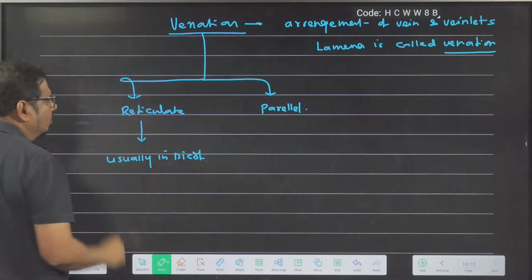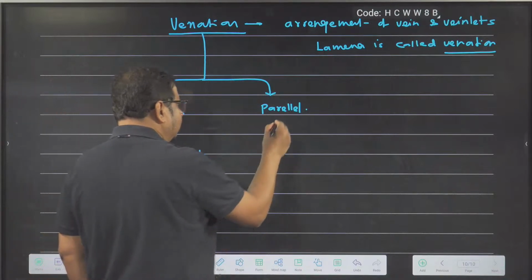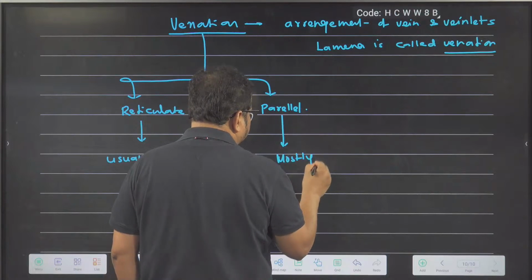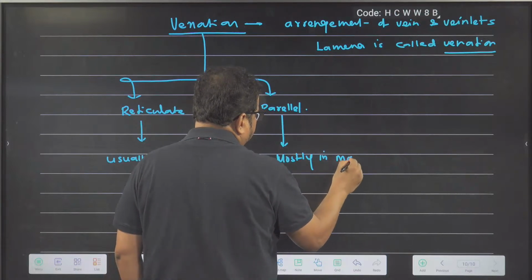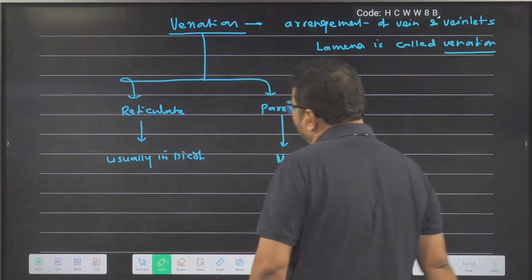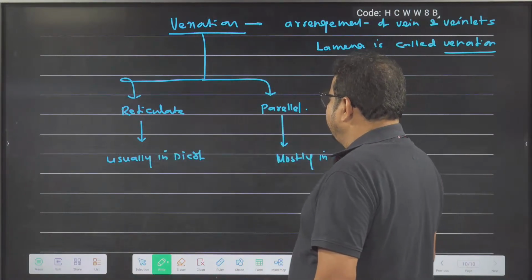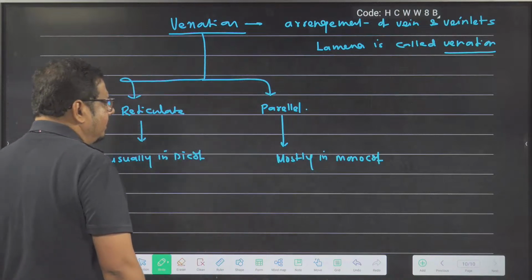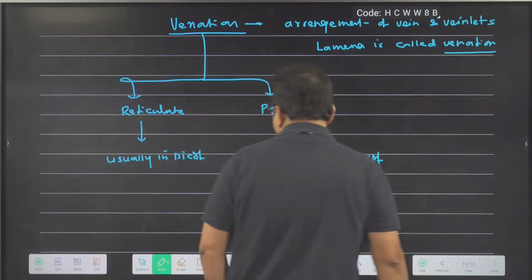Exceptions are there, some monocot also have reticulate venation. Parallel venation you can write mostly in monocot. Some dicot also have parallel venation. So it doesn't mean all dicot have reticulate venation and all monocot have parallel venation. This statement becomes a wrong statement. Did you get the idea?